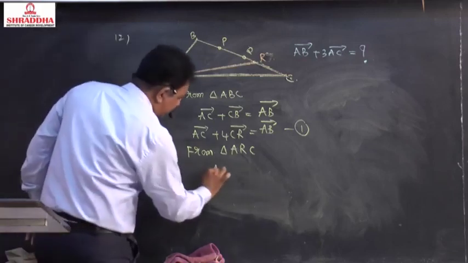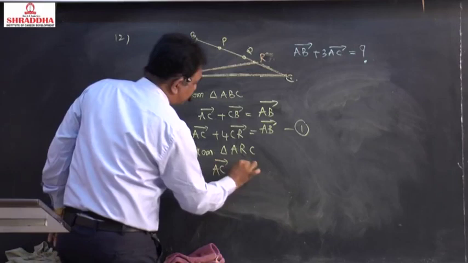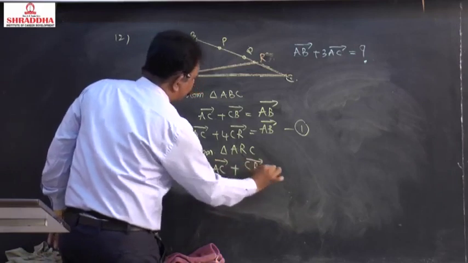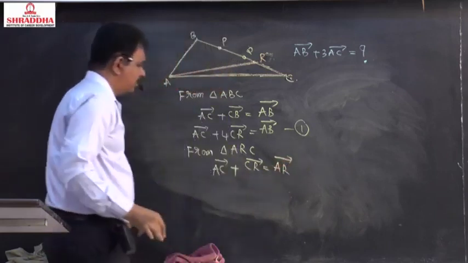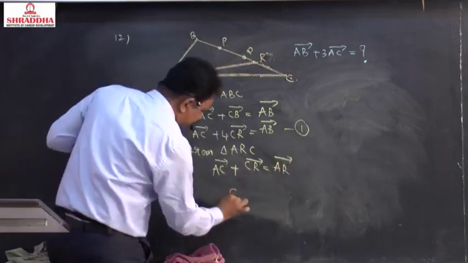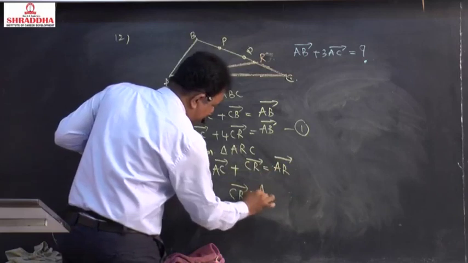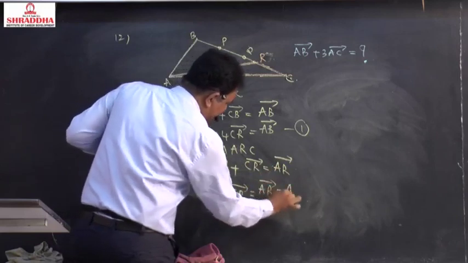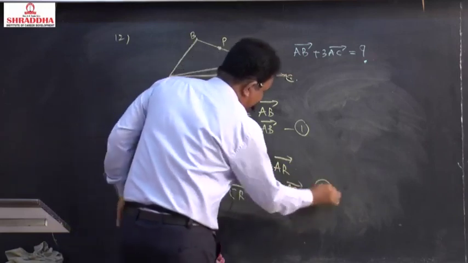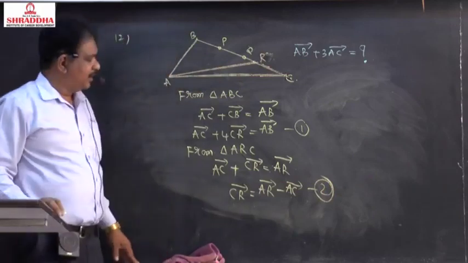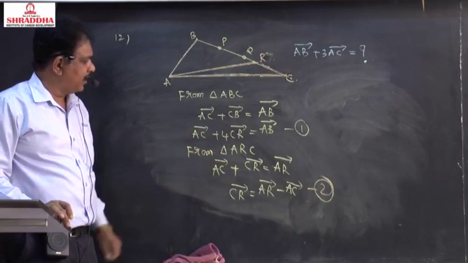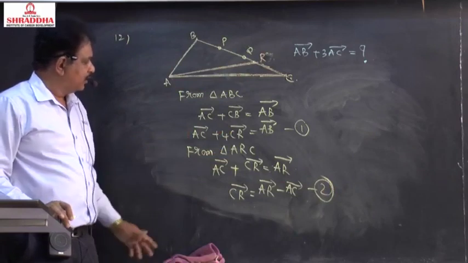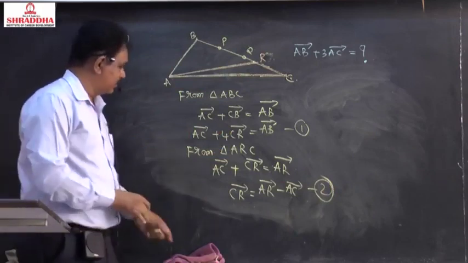AC bar plus CR bar is equal to AR bar. From this, CR bar is equal to AR bar minus AC bar, that is equation 2. Substitute this CR value here, then we will get the answer.